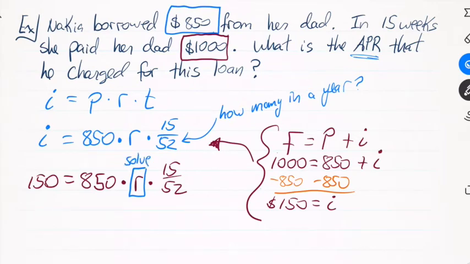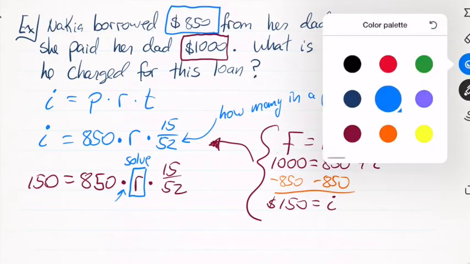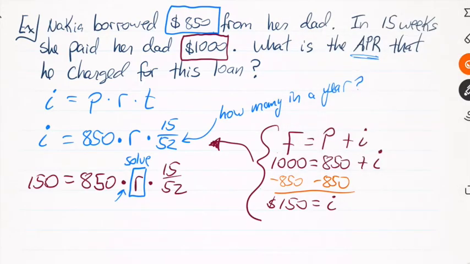Now, going back to algebra, to solve for R, you have to undo any operations that are next to it. So I might as well start with the 850. 850 and R are connected by this little multiplication symbol, so to solve for R, I'm going to undo multiplication by dividing by 850.